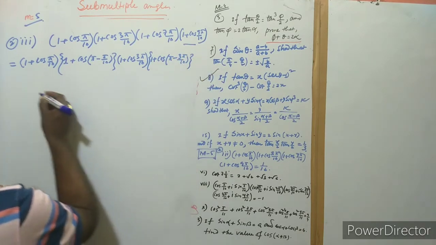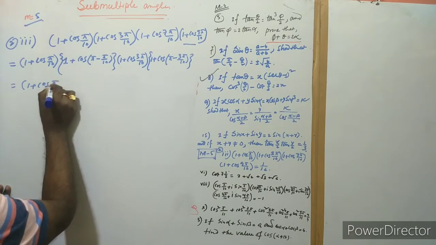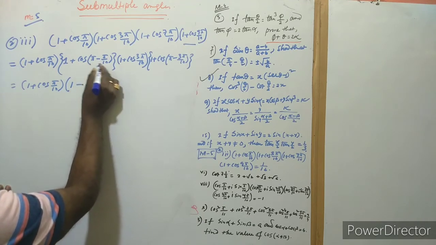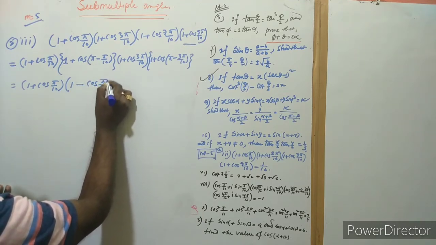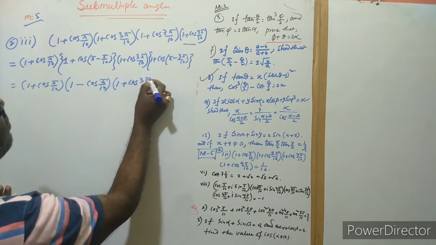So again, 1 plus cos pi by 10 stays, and this becomes 1 minus cos theta, with theta pi by 10, and also 1 plus cos 3 pi by 10.